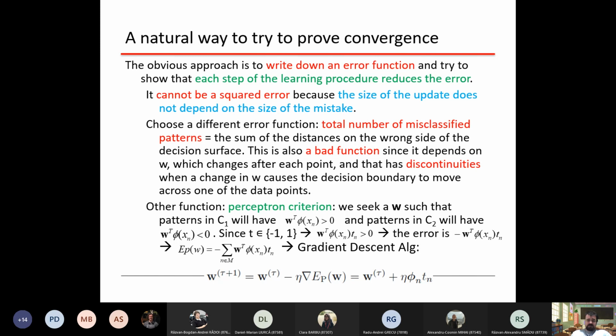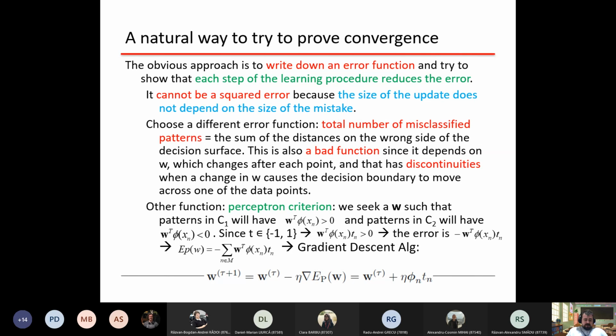This raises some discontinuities in evaluating the points, and therefore it's possible that after some updates, the decision boundary moves across some data points and makes some correctly evaluated points from the previous step become wrongfully classified, and so on. So this is again another bad, let's say, error function.